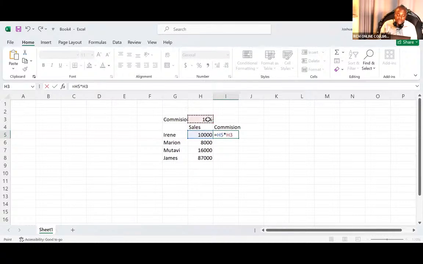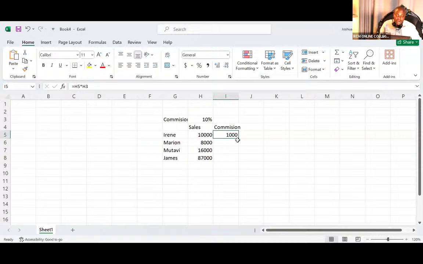Times this commission percentage. But I would want this commission percentage to apply to every employee, and because of that, I must fully lock this 10%. Because if I don't lock it and I say enter, look at what will happen.